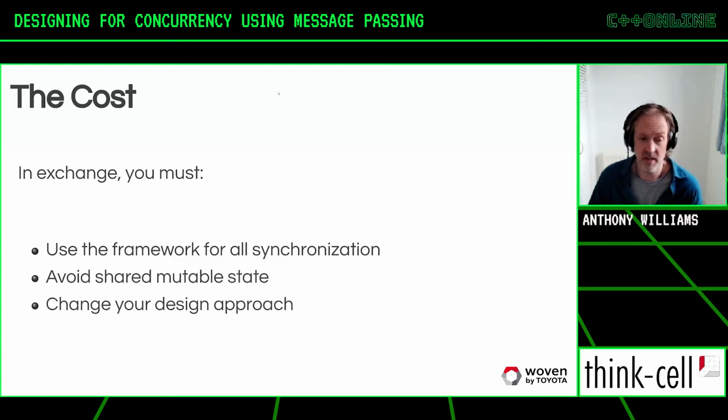And then the big one. It's as if the first two are not big enough constraints on you already. The third one is you really do have to change your design approach. If you're used to thinking we have shared state that has internal locking, if it's a data structure that's designed for concurrent usage, then it will have some form of internal synchronization.